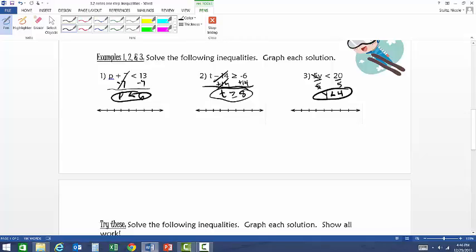You should have gotten the following solutions: P is less than 6, T is greater than or equal to 8, and Y is less than 4.